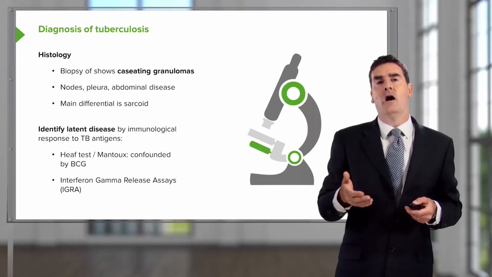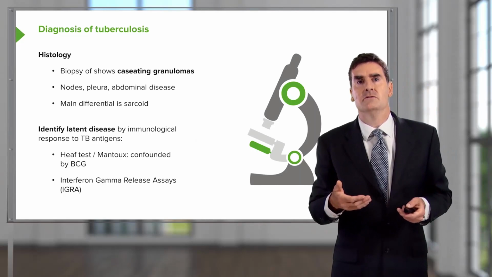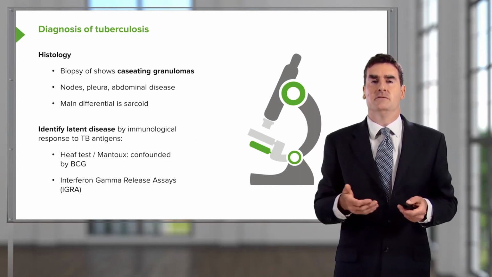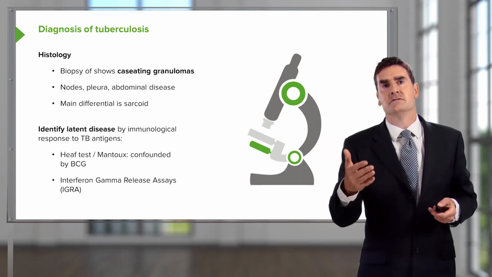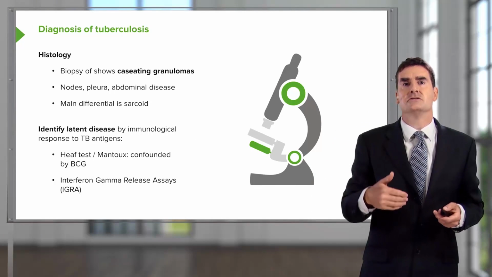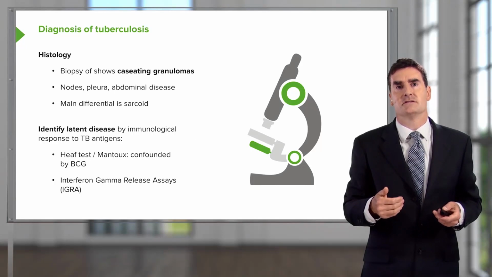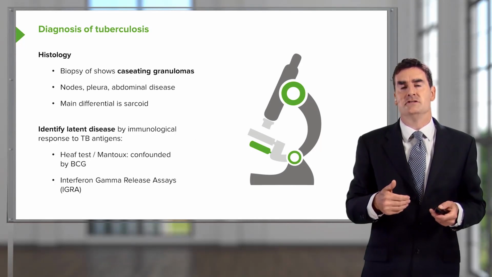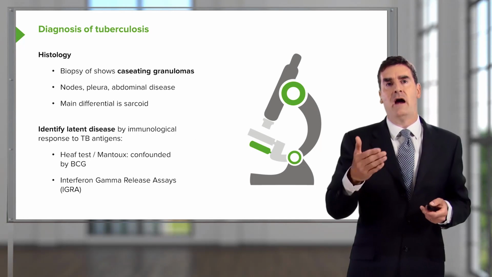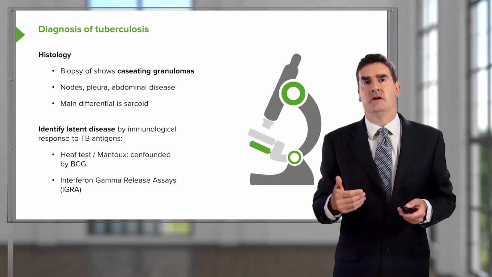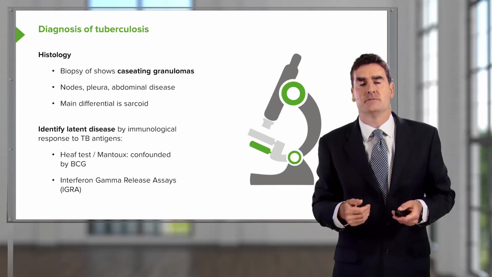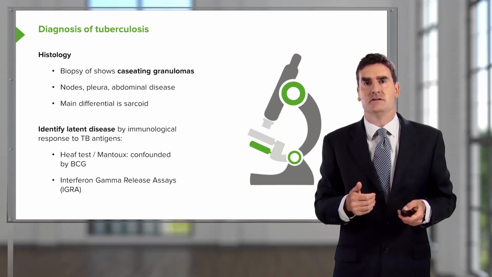So, for example, I have a reasonably strong Mantoux reaction because I was vaccinated with BCG as a child, and that means it's very difficult to use that skin test to identify patients who may have been exposed to tuberculosis if they've previously had BCG vaccination. However, the interferon gamma release assay will only be positive in patients with previous tuberculosis exposure and is not affected by the BCG.